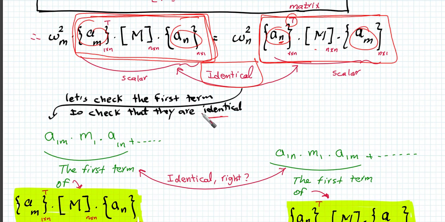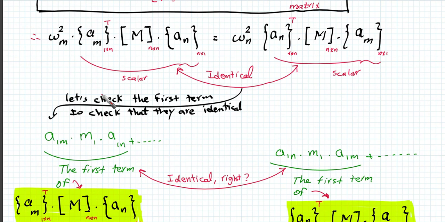Let's check the first term here. Let's assume this is AM. AM means we have A1, for example, A2, and so on, right? And here this is going to be M1, right, and M2, and so on. And this is transpose. Here this is AN, so we have A1.